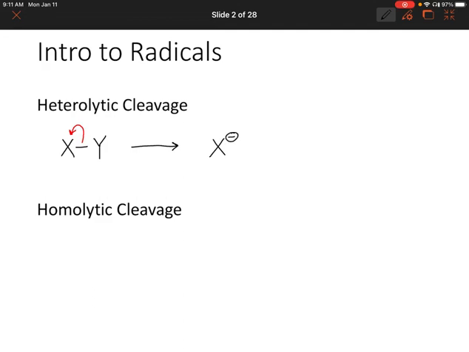So it becomes negatively charged, and now the Y atom is lacking electrons, so it becomes positively charged. So again, in heterolytic cleavage, we're moving both electrons to one atom, and we're creating an anion and a cation.